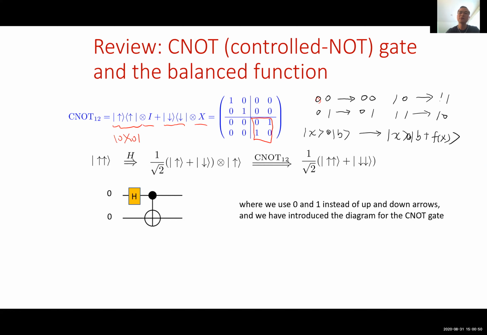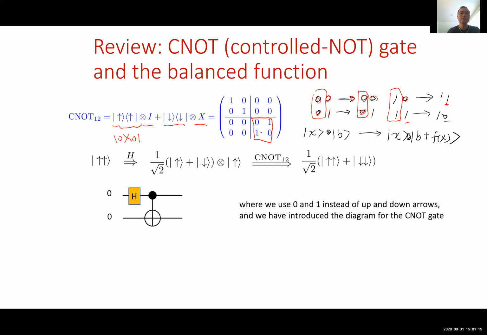If it's 0 and the second bit is 0, it just remains 0, 0. If it's 0, 1, it's still 0, 1 because the first bit is 0. But when the first bit is 1, 0 gets turned into 1, and 1 turned into 0. This is what the NOT is doing.